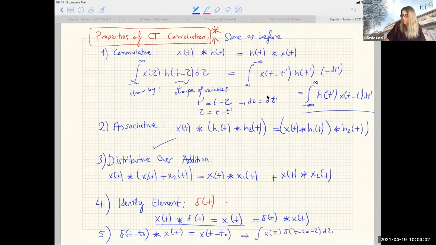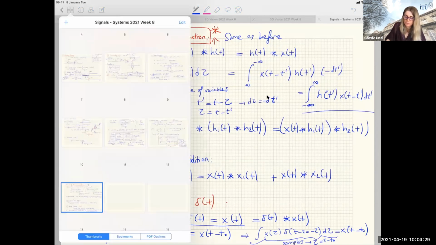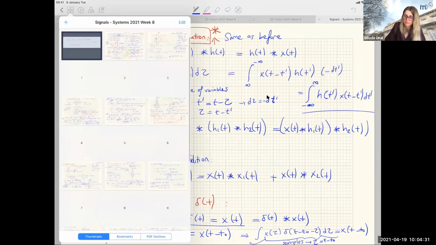This samples x of tau at tau equals t minus t0, from the properties of the integral. That's how we got x of t minus t0. Does it make sense? It's an integral, so it's the sampling property, of the second kind, actually.